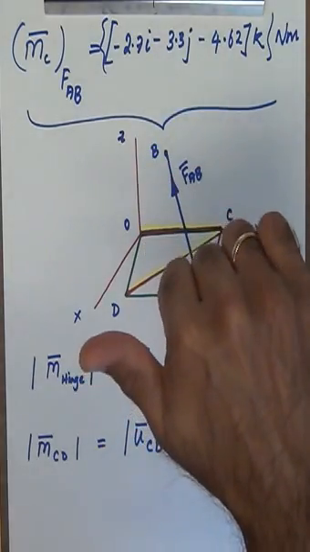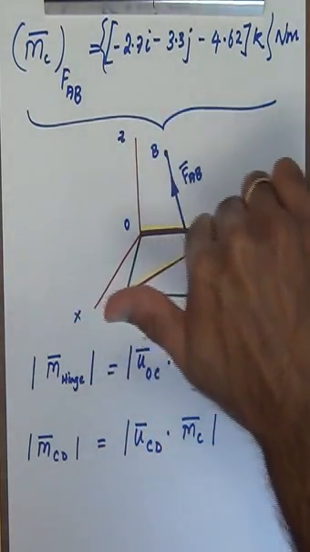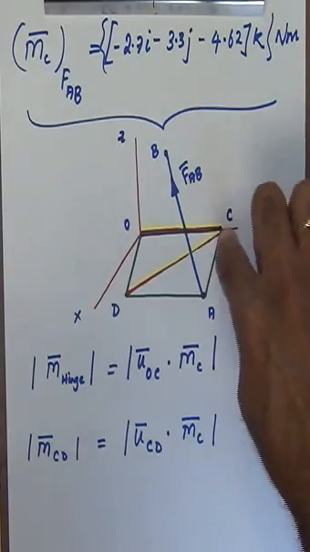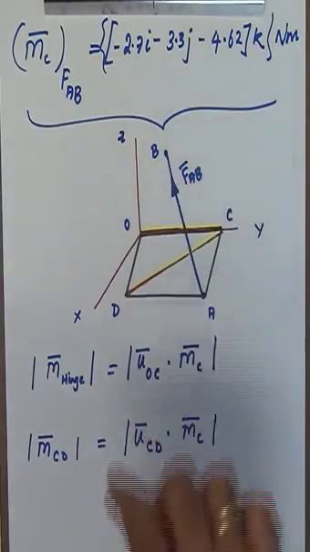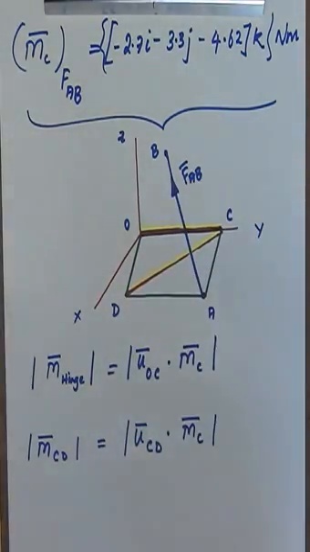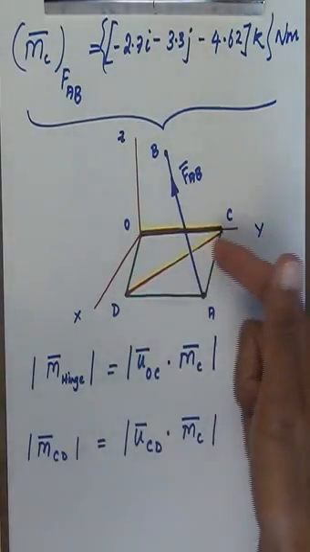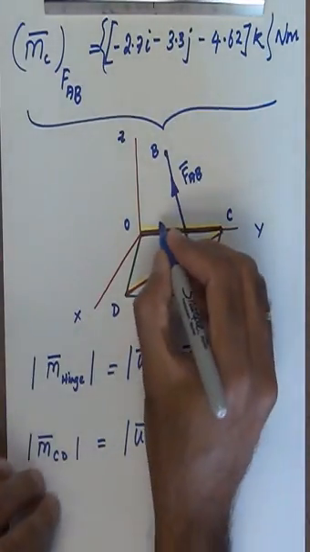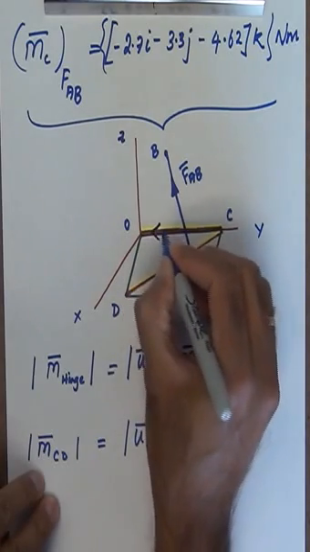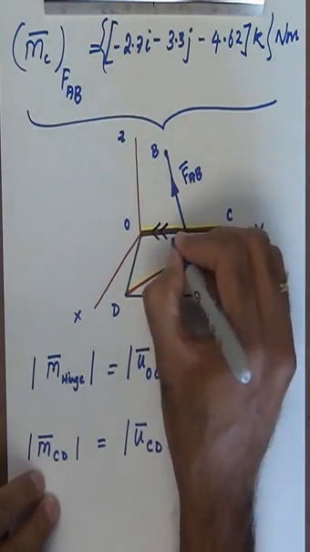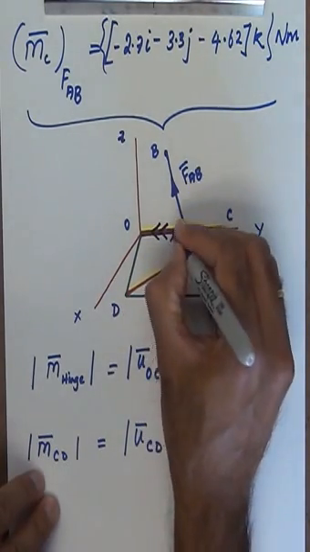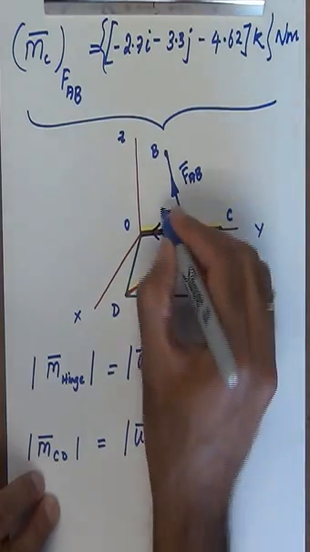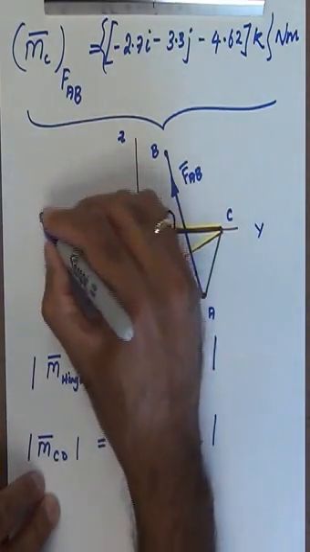If I curl my fingers, the direction of my thumb is pointed from the point C to the point O, which means the direction of the moment about the hinge is directed from point C to point O. So this is going to be the direction of the moment about the hinged axis.